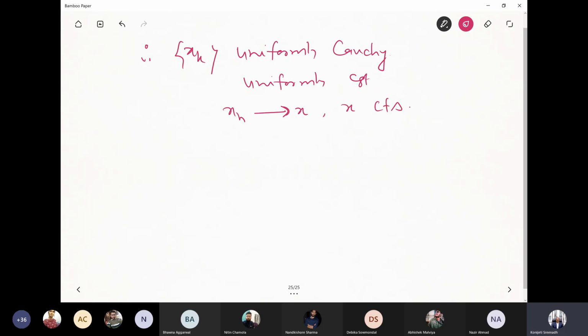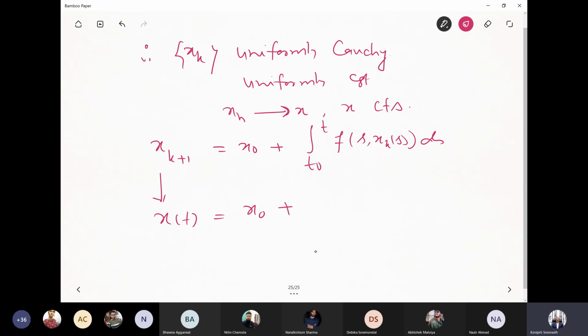Once it converges, we can even take xk plus 1, which is equal to x naught plus the integral from t naught to t of f of s, xk of s, ds. Take the limit on both sides. When I take the limit, this goes to x of t, which is equal to x naught, and this becomes again the integral from t naught to t. So there will be a limit outside, that limit goes inside.